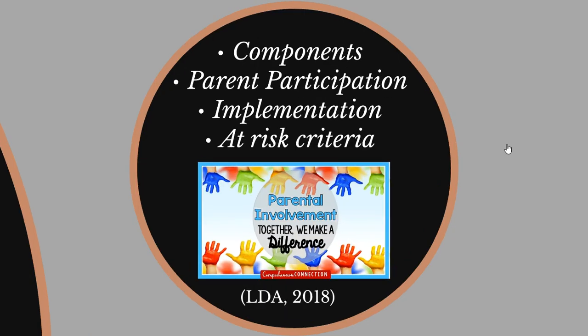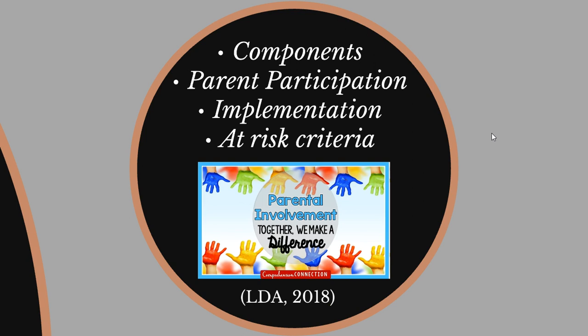What questions should you ask? You should ask about the components of the RTI program that they will be using within your child's school. You should ask, how can parents participate in the RTI process? Also, who will be implementing the different parts of the program?